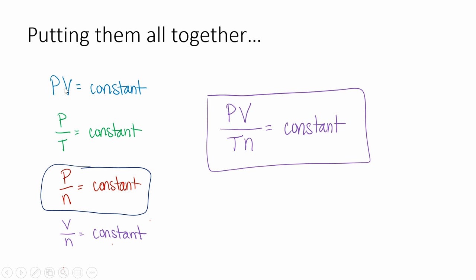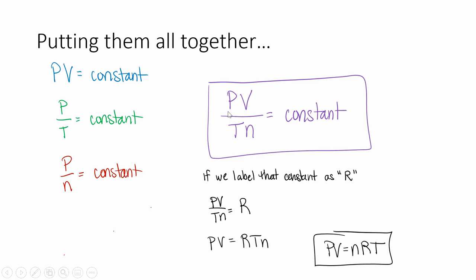And so what we can do is combine all of these together into one relationship, and that's pressure times volume divided by temperature times number of moles is a constant. And this is what leads us to what we call the ideal gas law. So the ideal gas law is just this right here. Pressure times volume divided by temperature times moles is a constant.